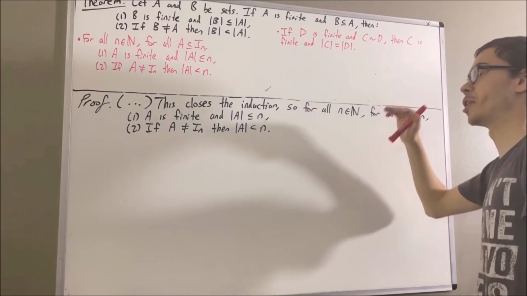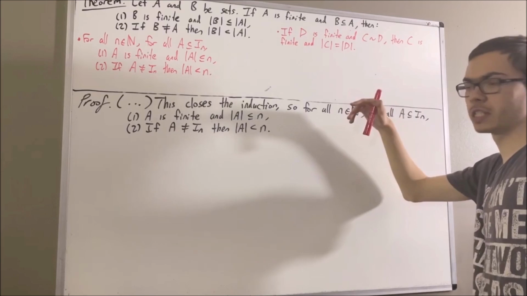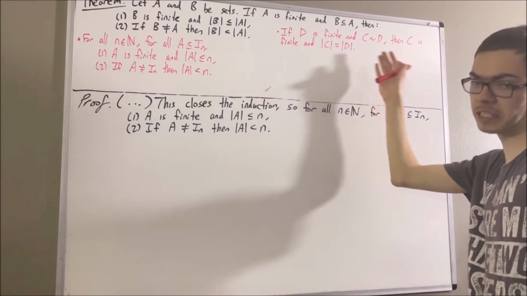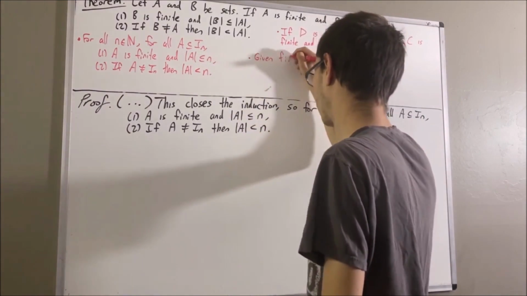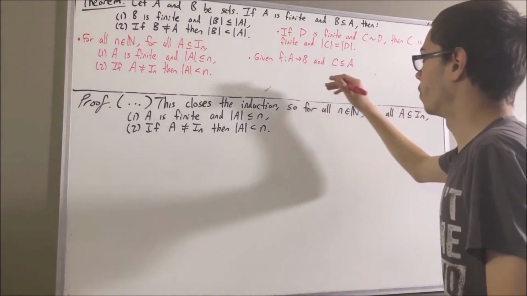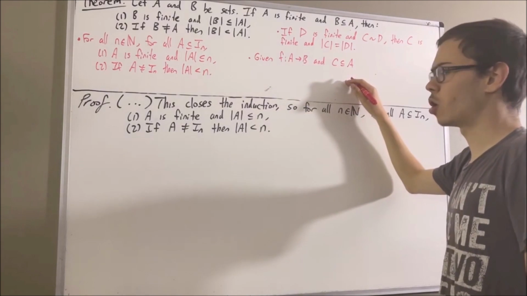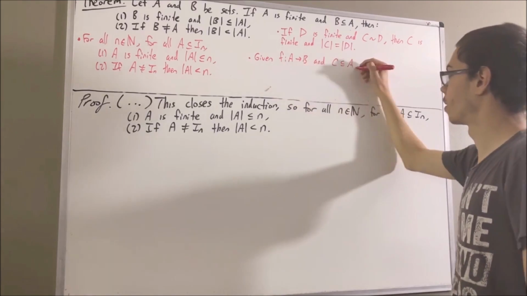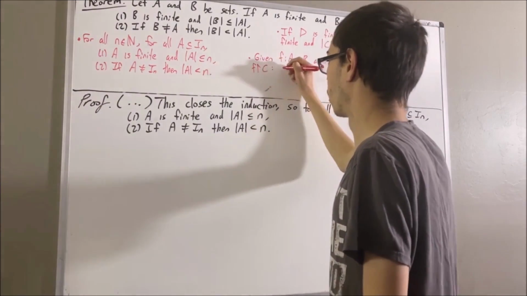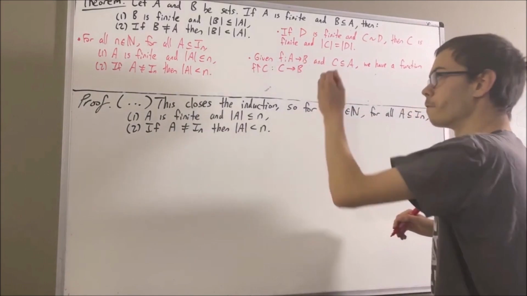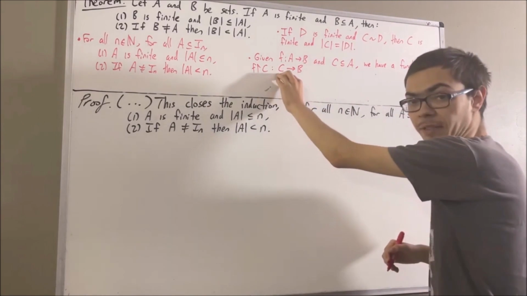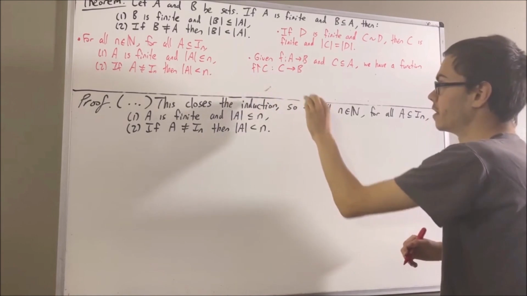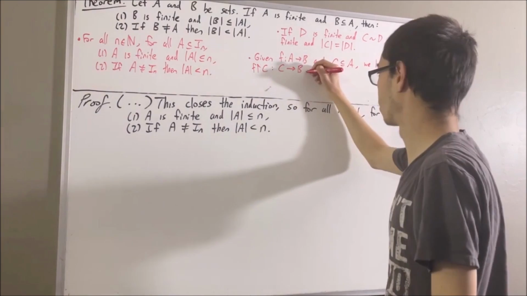And we're also going to use another fact, and this one is regarding functions. So let's suppose we have a function f from A to B, and C is a subset of A. Well, we have a function which is called the restriction of f to C, which is a function from C to B, where for every element x in the domain C, the restriction of f to C evaluated at x is equal to f evaluated at x.